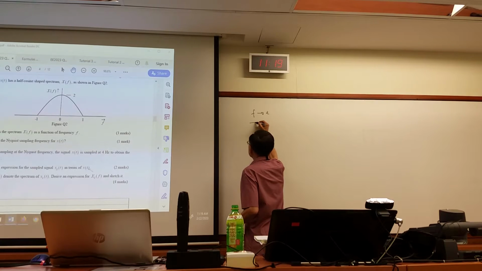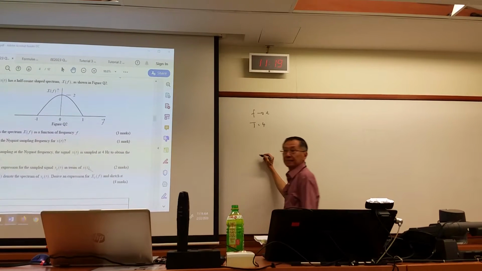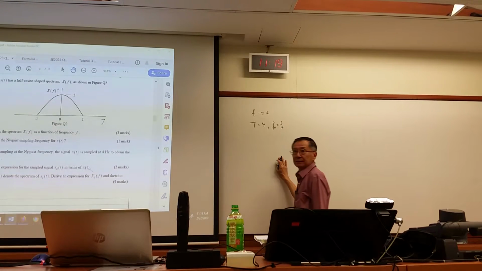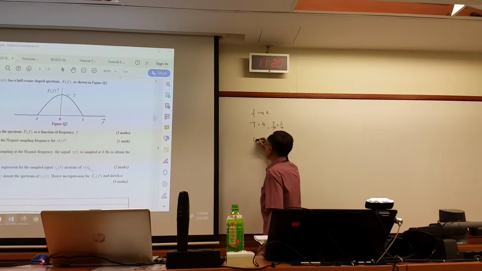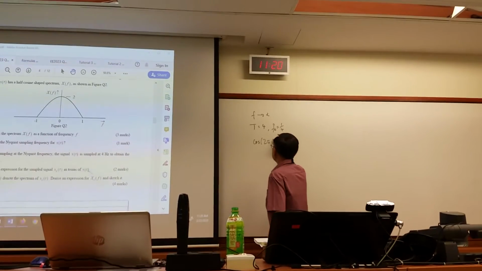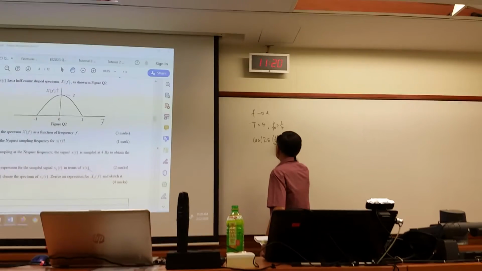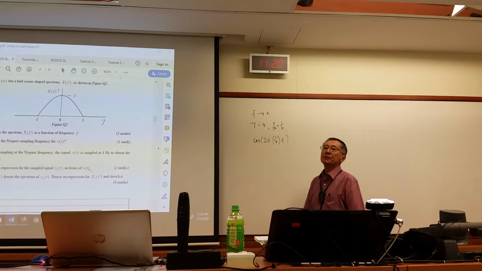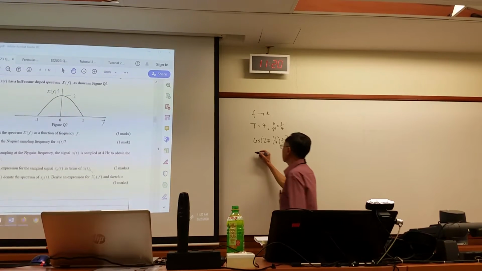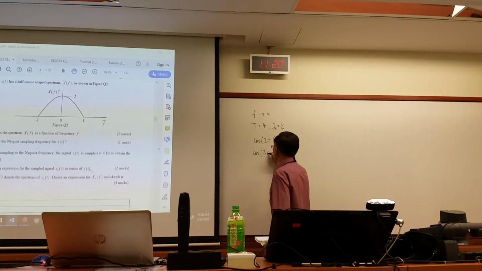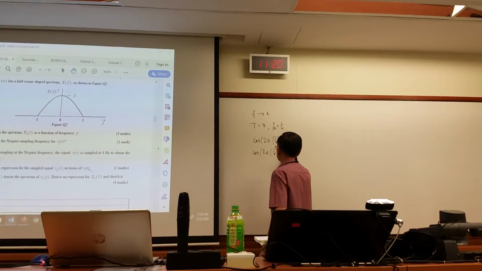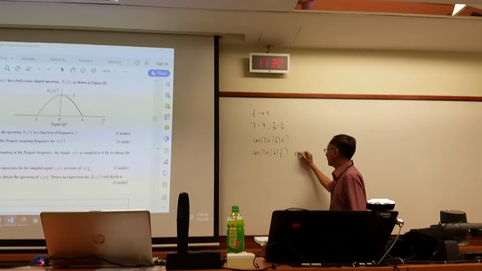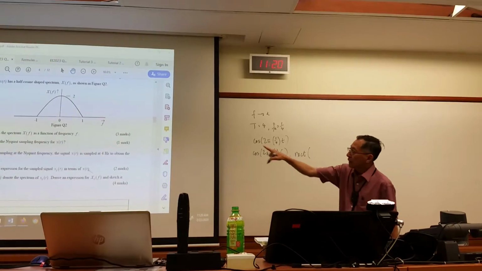Then I have a period of 4, right? And an f naught of 1/4, right? That means I will have a cosine of 2 pi f naught t, right? This is what it will look like. Now I change back to frequency. So this will be the same as cos 2 pi (1/4) f, times a rect of 2.